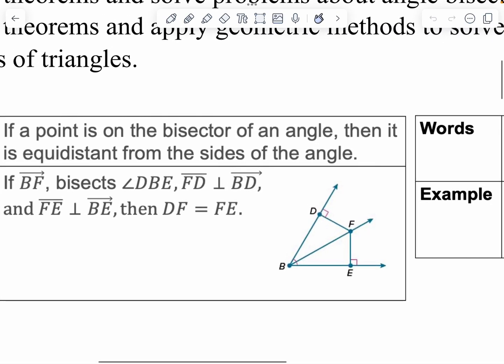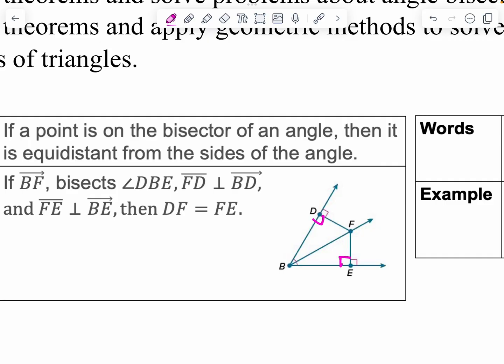And an angle bisector. Notice on this problem, we've got the segment BF. It's bisecting angle B. So we've got these two angles that are congruent. Notice we also have some right angles here. We're given that.